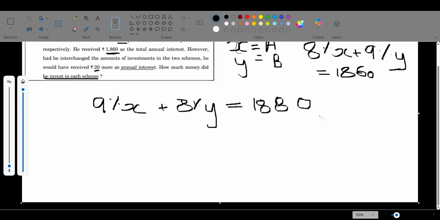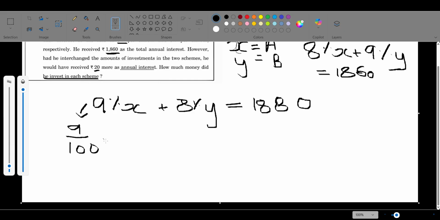Now to simplify this, we can say it more easily. We can just say 9 by 100. We'll take the second equation first for now.